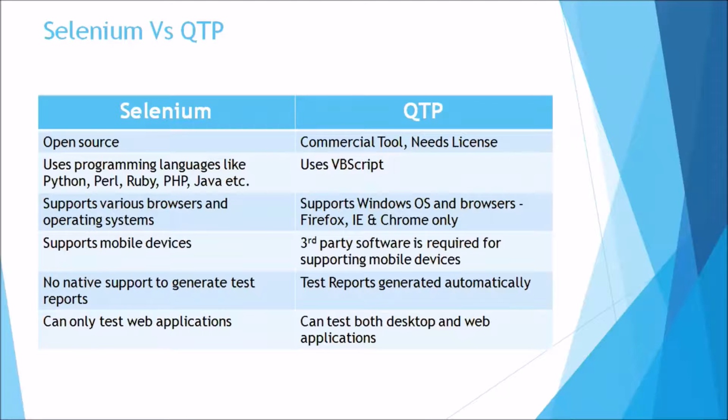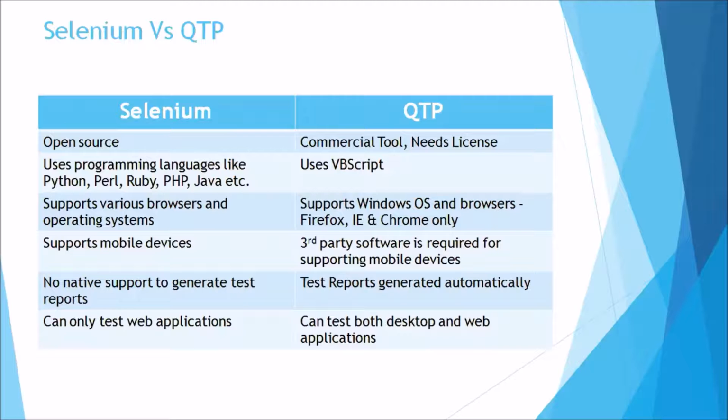However, Selenium supports other operating systems, let it be Unix, let it be Windows, let it be Mac. But QTP supports only Windows, and the browsers it supports are Firefox, IE, and Chrome. Now, Selenium supports mobile devices as well. So we have Selenium in the market now. However, for QTP, again, we will have to be dependent on third-party software.